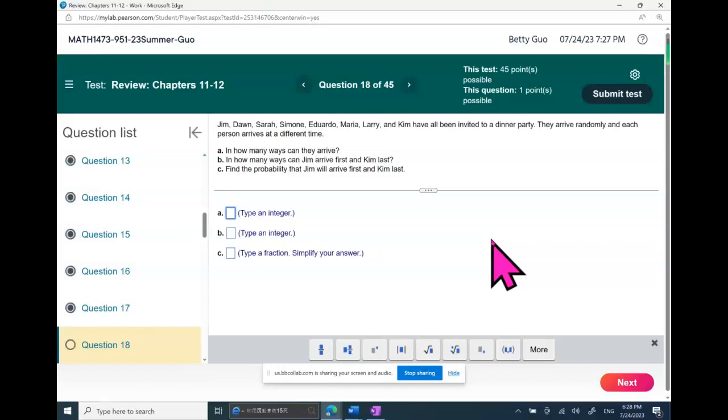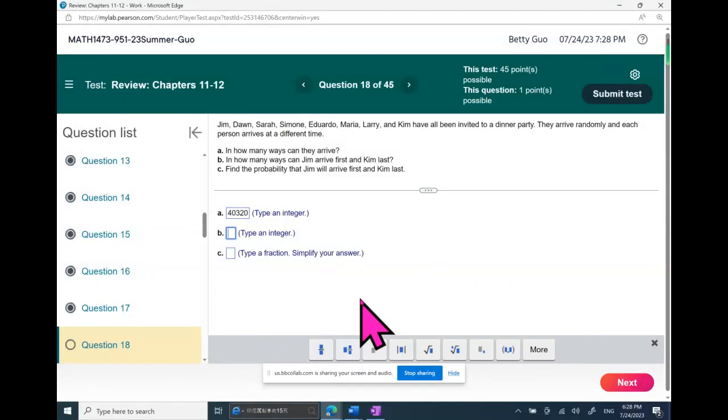We enter 8 and then go to math, probability, and number 4, factorial. 8 factorial is a very large number. It is 40,320. That many different ways they can arrive.